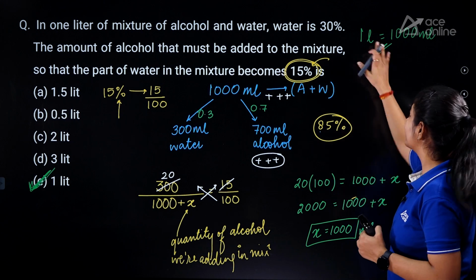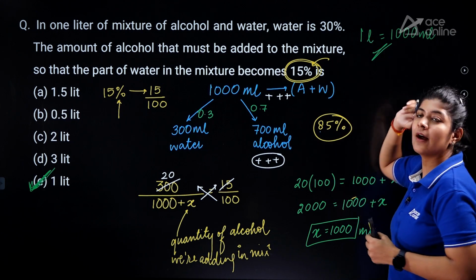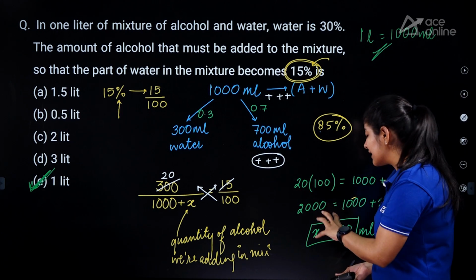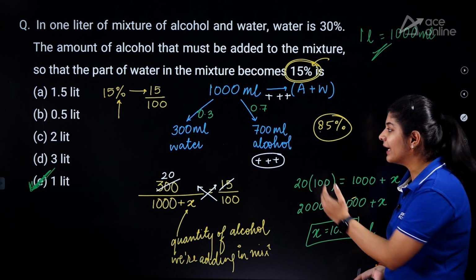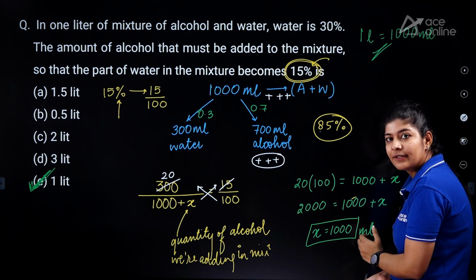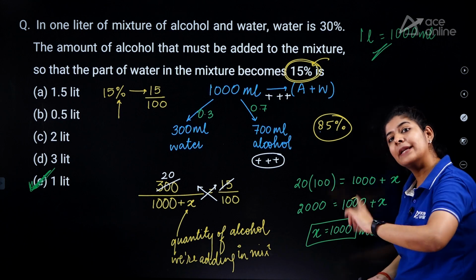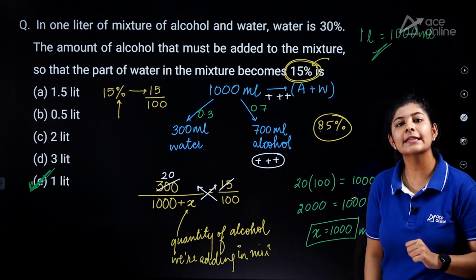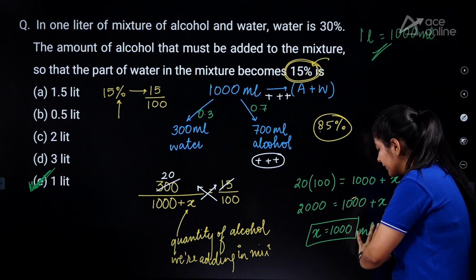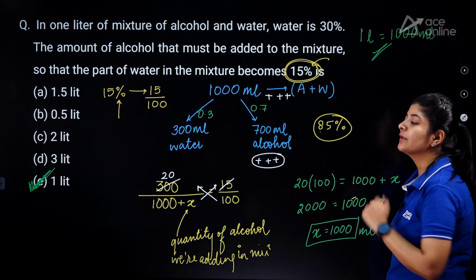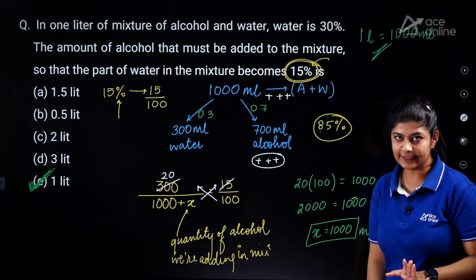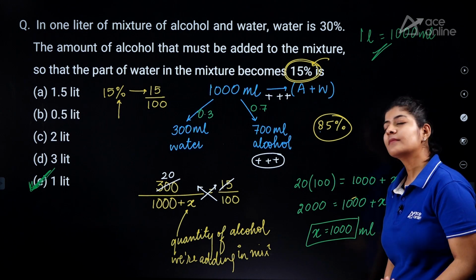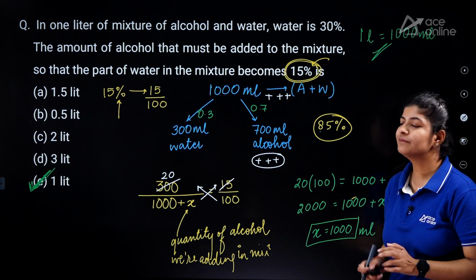So I simply converted liters into 1000 milliliters, and since I am taking all the values in milliliters, I get my answer in milliliters only. As the options are in liters, I simply converted this milliliter into liters. Is it clear? This is again a simple question, right?